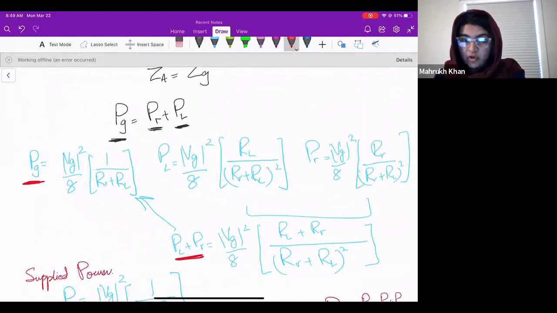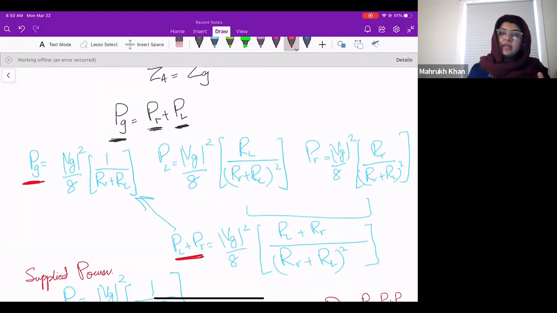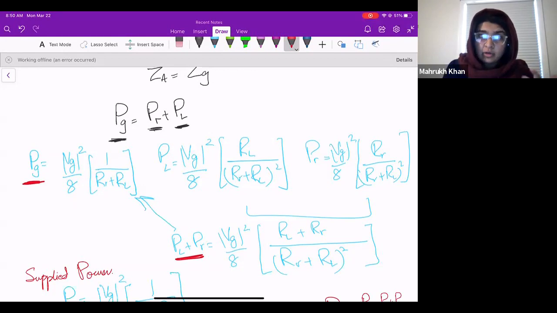But now if you think about this, in the receive mode scenario, you have the voltage that is induced on the terminals, but according to the analogous, the corresponding scenario, all your power should not be transmitted to the load. Half of the power should be going towards the load.